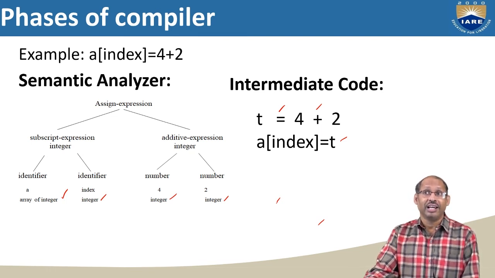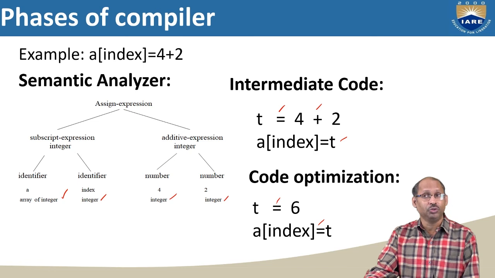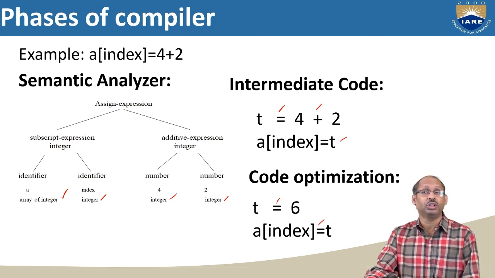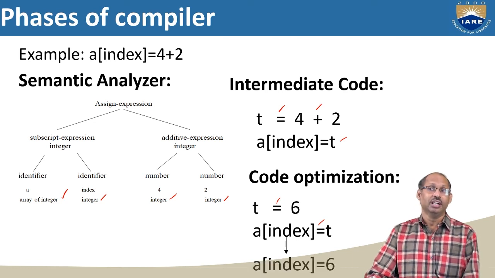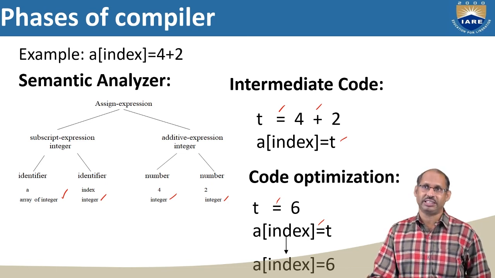Then it will be t equal to 4 plus 2, A of index equal to t. This intermediate representation, three-address code, is passed to code optimization. The code optimization will try to reduce the number of operations and statements so that the resultant code is more efficient. So finally we get A of index equal to 6.